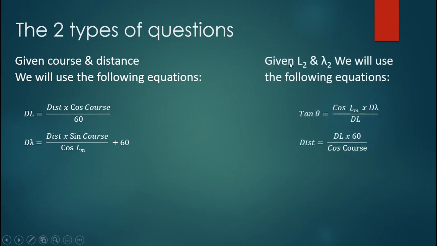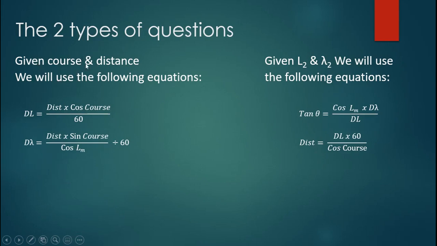Now, if you're given L2 and lambda 2, we use these equations. Tangent theta equals cosine of the mean latitude times the difference in longitude divided by the difference in latitude. At this point, it would be a good idea to pause the video and just write these equations down and write down when you will use them.